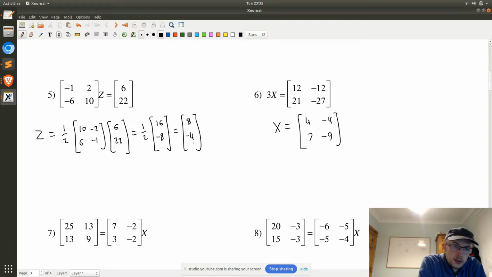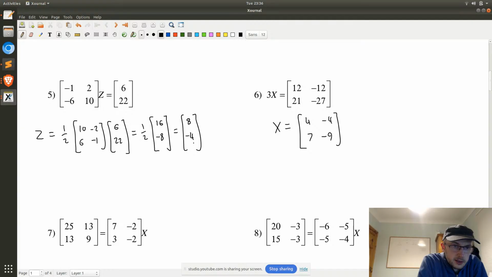Swap things on the diagonal. Negate the off diagonal. I know that it's something like, I just do not know.